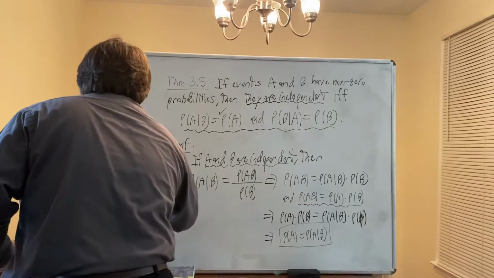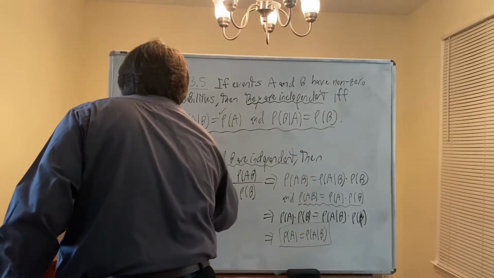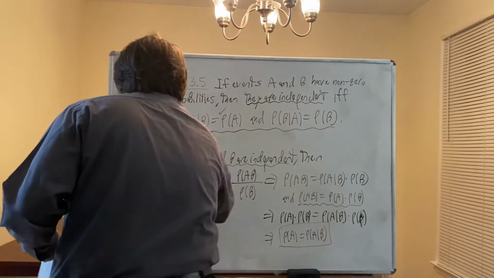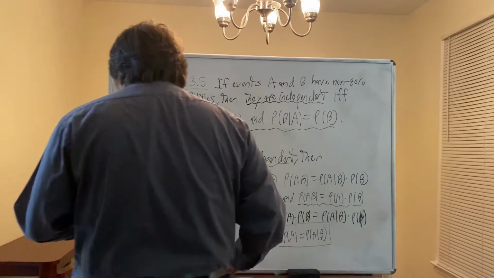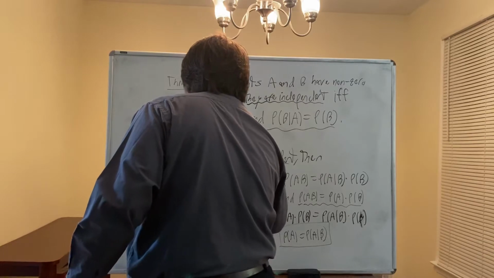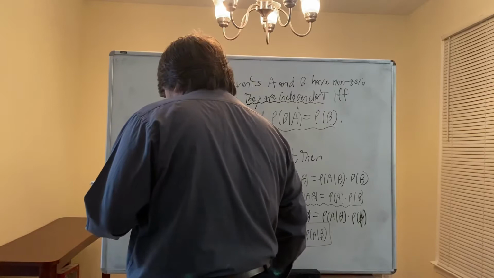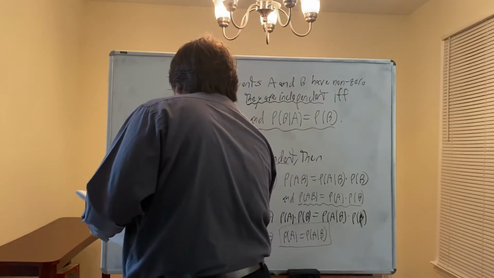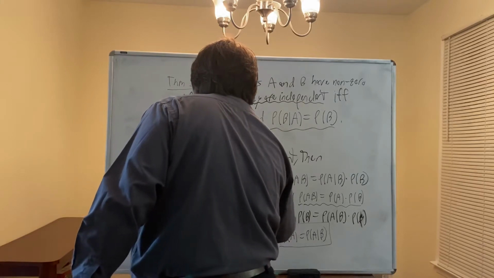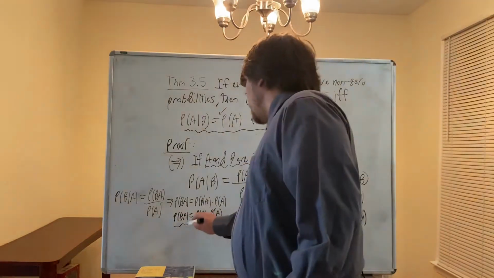The probability of B given A, this is very similar to that proof, is equal to the probability of BA over the probability of A. That implies that the probability of BA is equal to the probability of B given A times the probability of A. Also the probability of BA is equal to the probability of B times the probability of A, because again A and B are independent, so that equation holds.